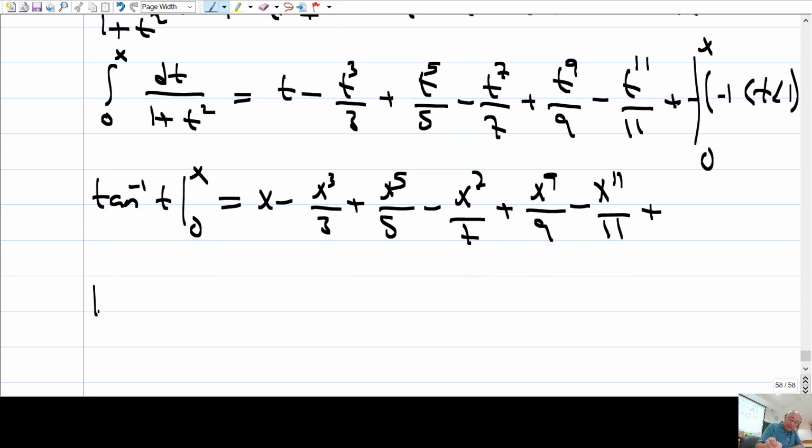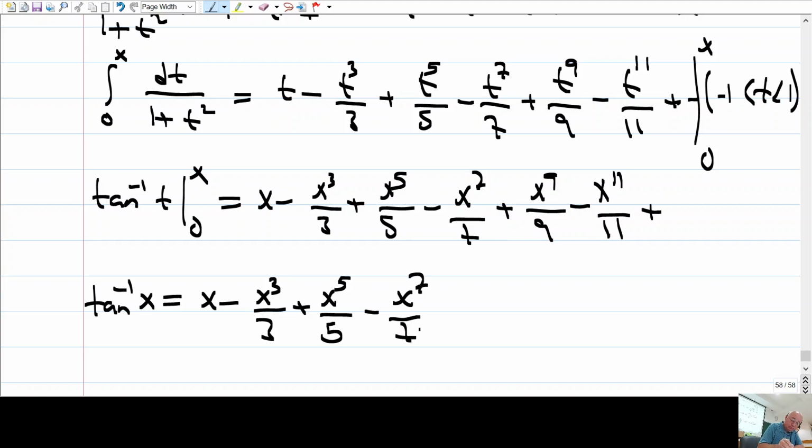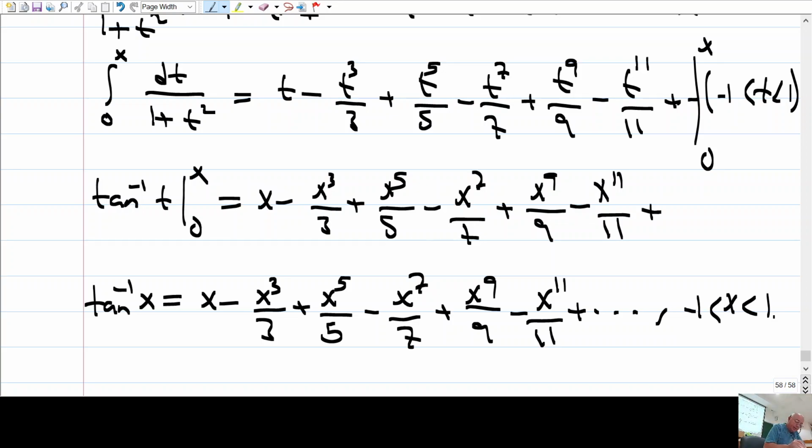And what is this? This is just arctangent x minus arctangent 0, which is just 0. So I have this, and this is true for x between 1 and -1.